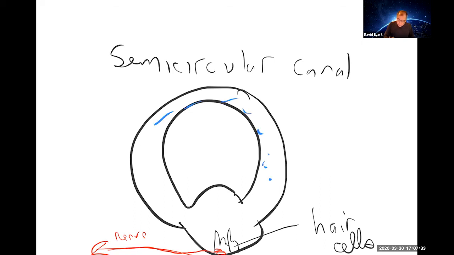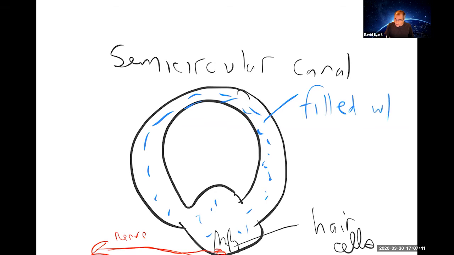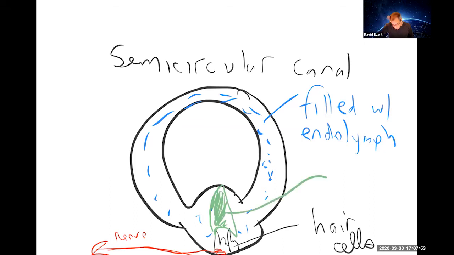This whole space in here is filled with fluid called endolymph. Then the last piece we need is this little gelatinous membrane right above the hair cells called the cupula.